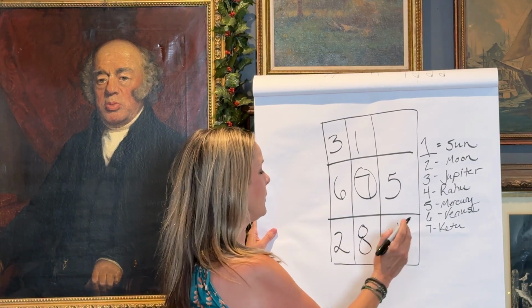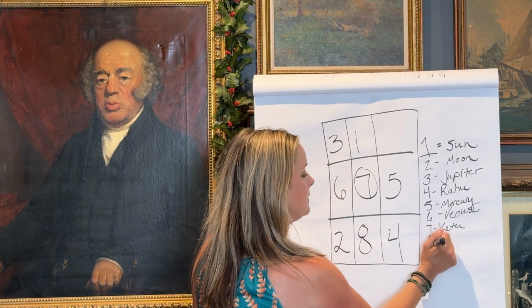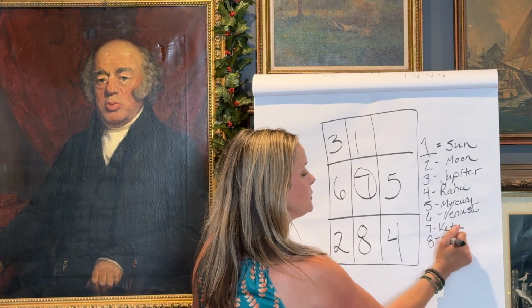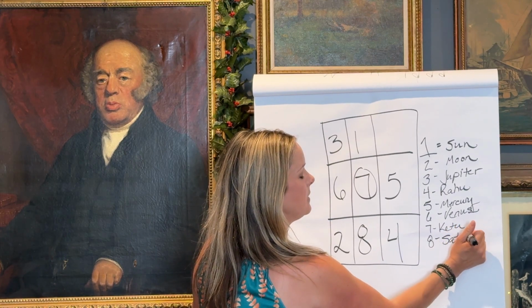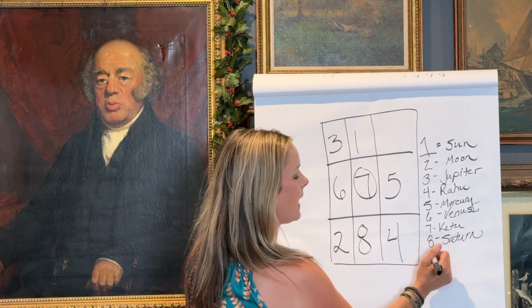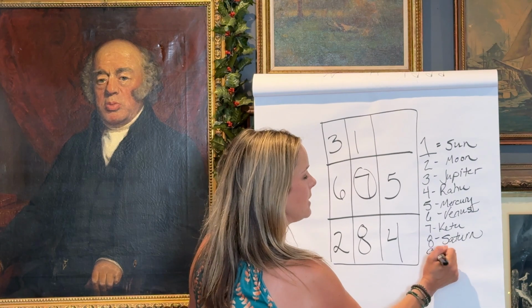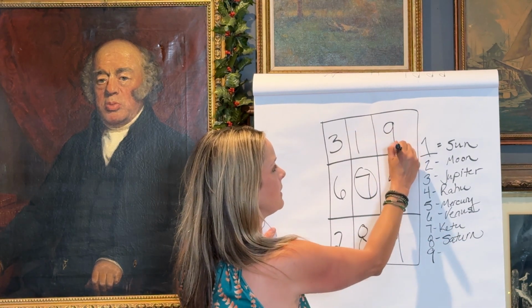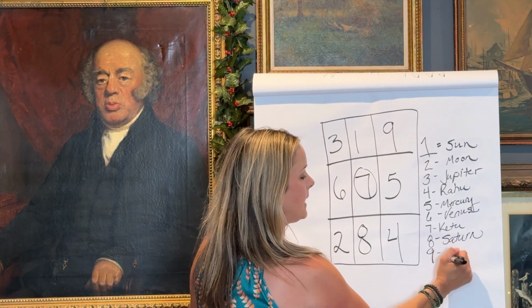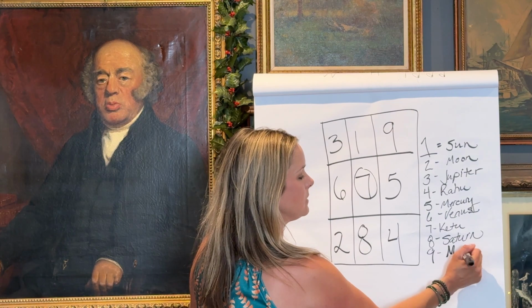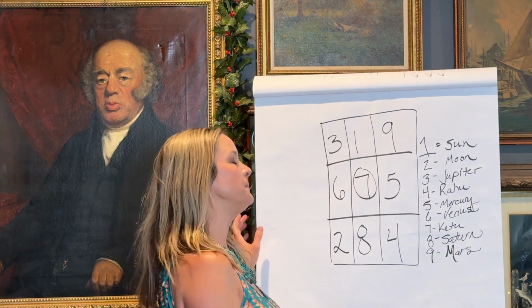Then we have 8. 8 is represented by Saturn, and then number 9 will go up here, and 9 is Mars or Mangal.